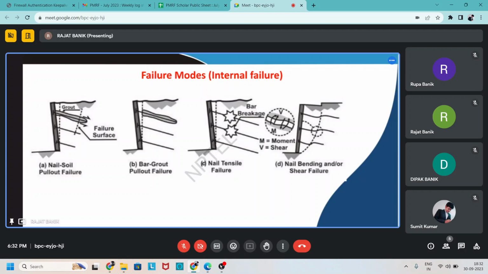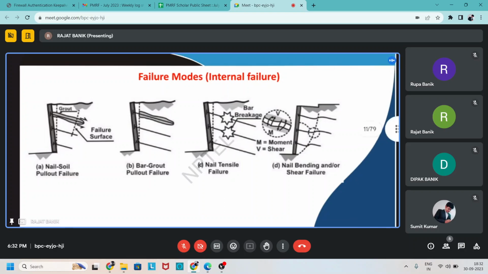Then, bar grout pull-out failure. In this failure, the bar which is embedded in the grouted material comes out due to the lateral force coming from the slope. The bar fails because it is pulled out from the grout. So this is called bar grout pull-out failure.